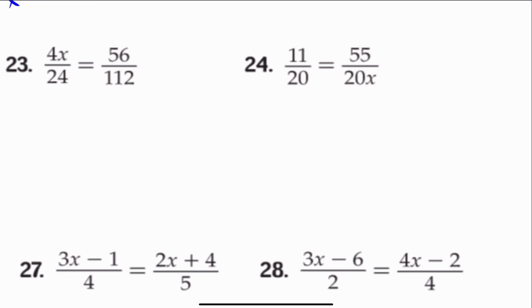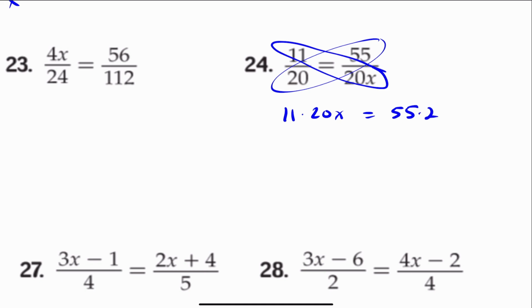You're going to use the butterfly method. So I'm going to multiply 11 and 20x, and I set that equal to 55 times 20. Okay, and then 11 times 20x, what is 11 times 20x? Obviously, 11 times 20 is 220.